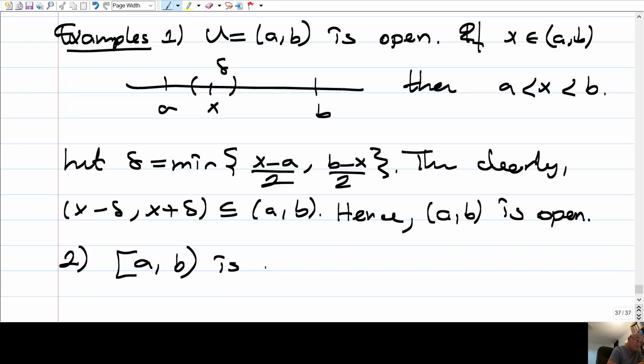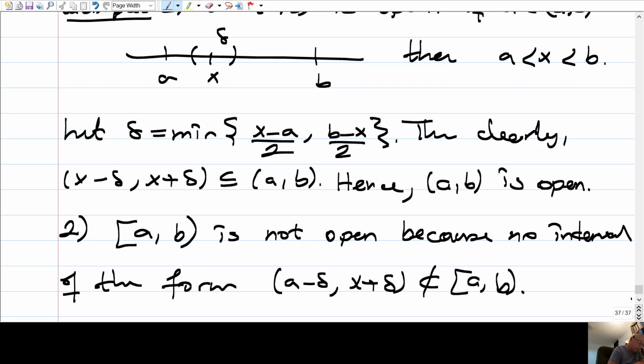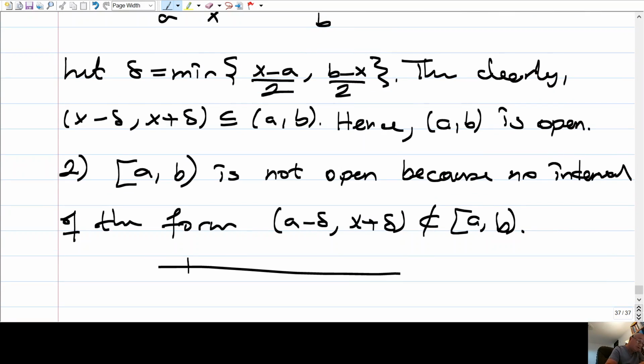First of all, it is not open, because no interval of the form A minus delta, A plus delta is contained in AB.